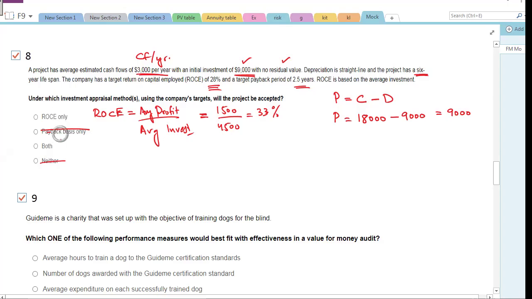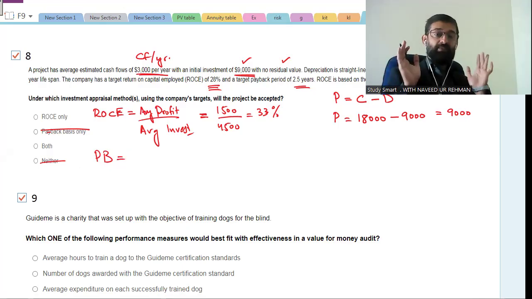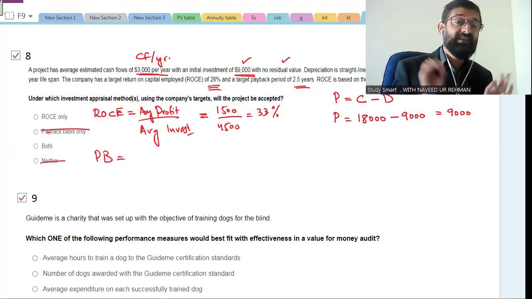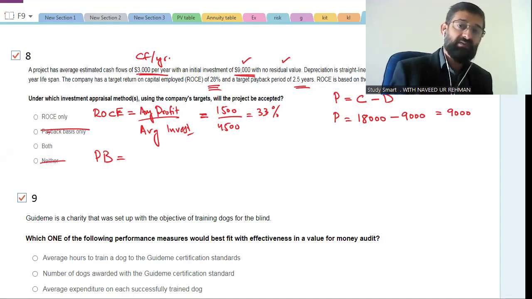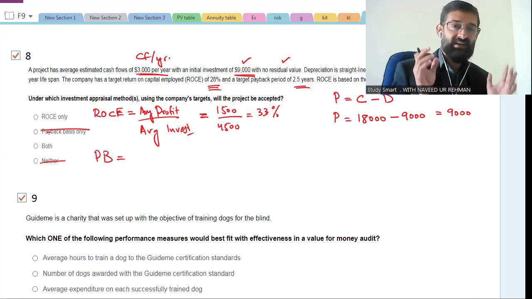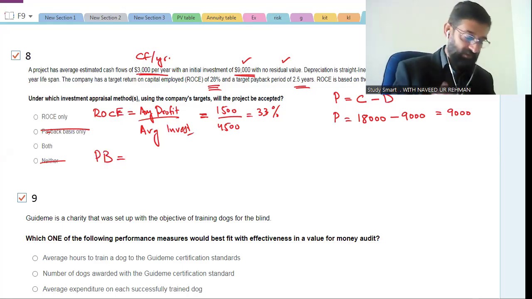So even if I select one of them, there's a 50% chance that I'm going to get the right answer. But let's do the next one, payback. I'm just discussing that with the assumption that you are sitting in the real examination. So even sometimes if you have to do some guesswork, you can basically increase your chances that your answer will be correct.